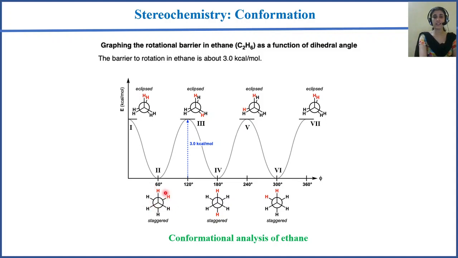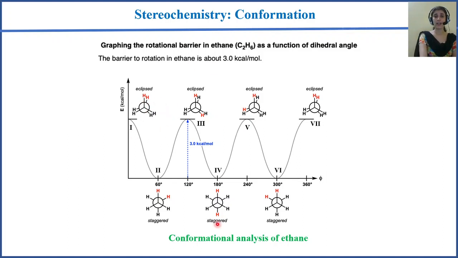Again after 60 degrees, this hydrogen will go over here. It will generate the same as this one. After that, again 60 degree rotation will generate this staggered one, which is similar to this, that is 2 and 4 with same energy content. Since we are rotating hydrogen and all of the substituents are hydrogen.